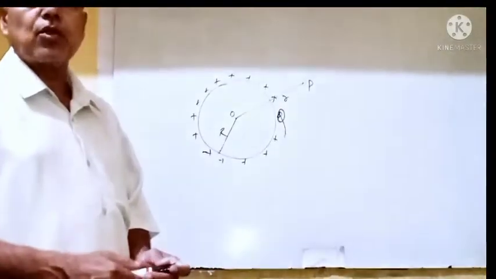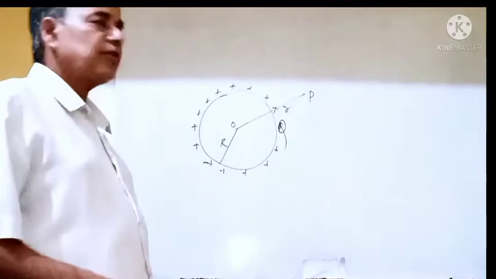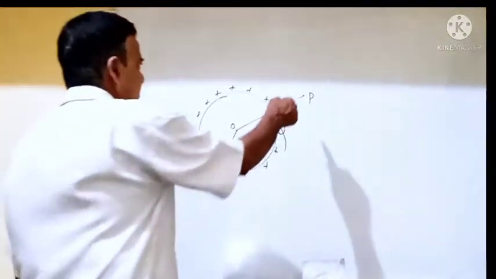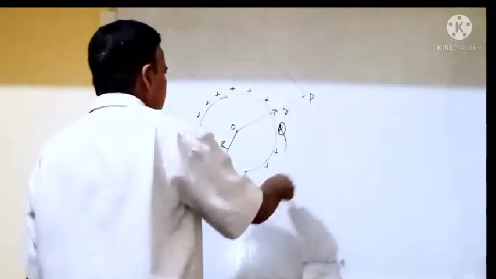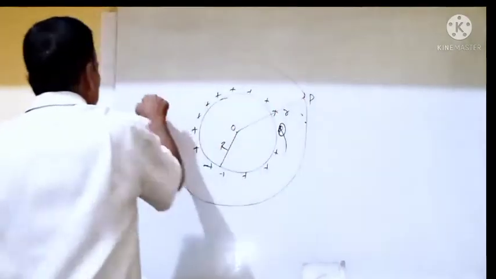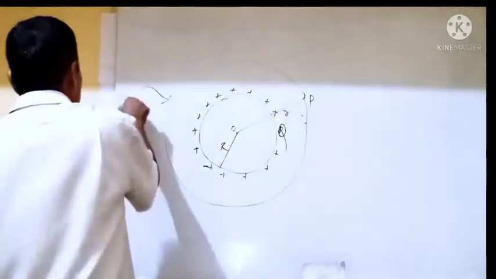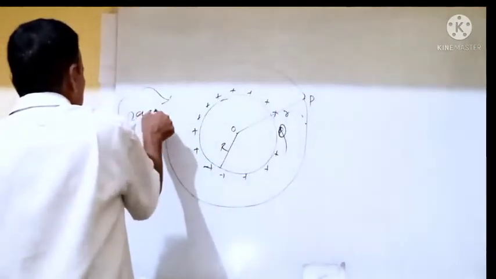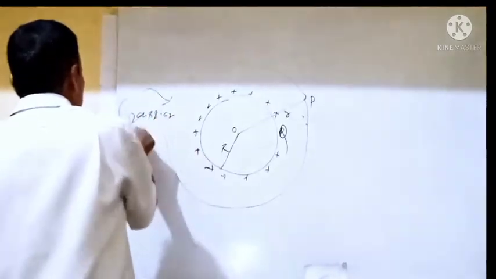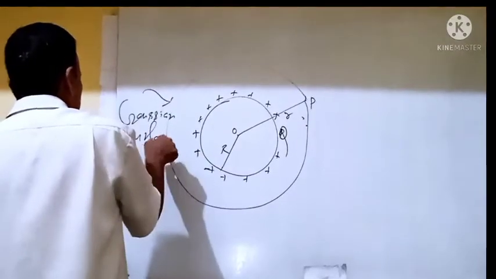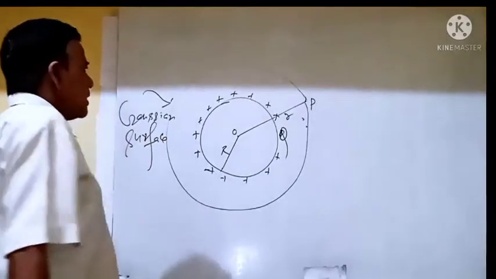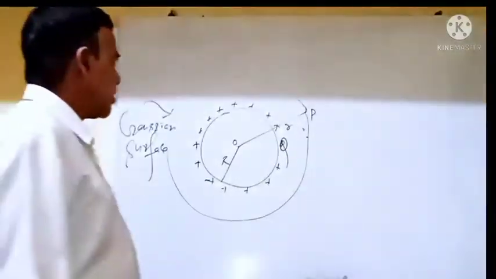So we will take a Gaussian surface of radius small r. This is a Gaussian surface whose radius is equal to a small r.